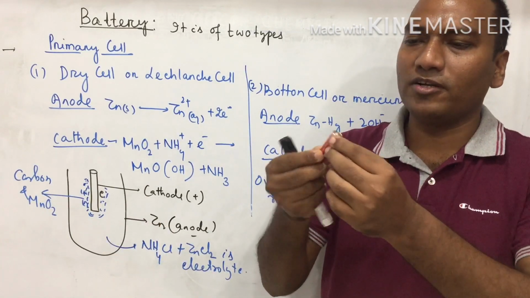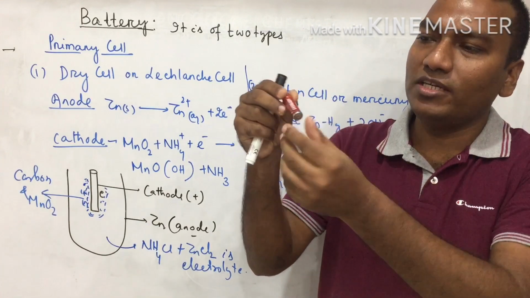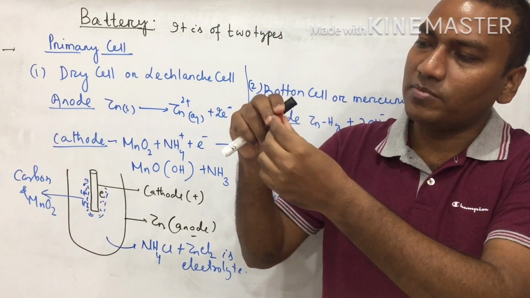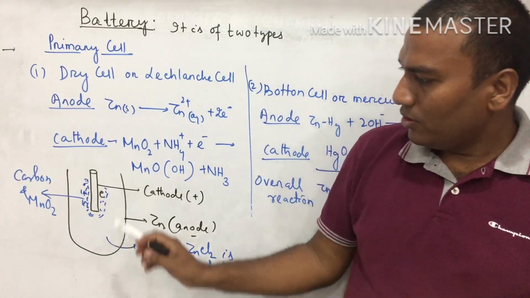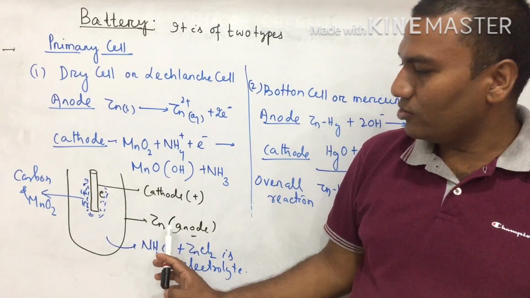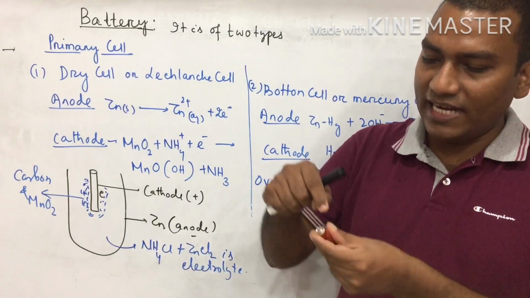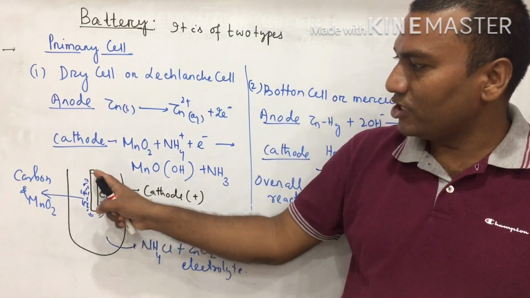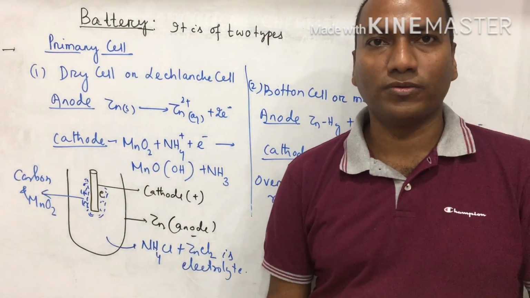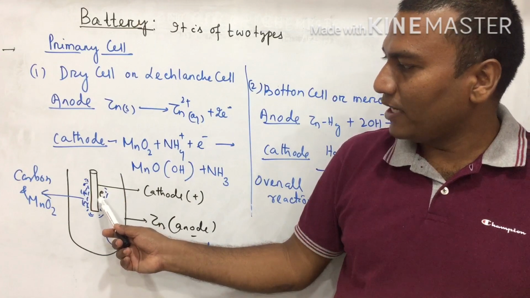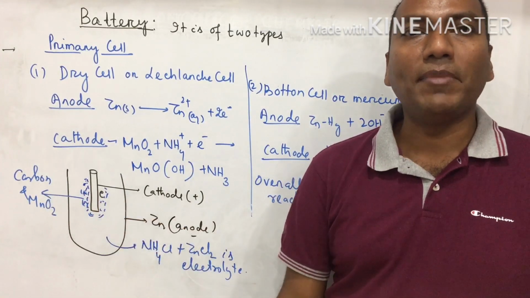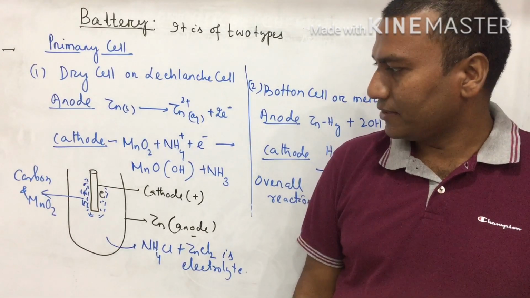Over the zinc, every company pastes paper or polythene outside. The outside container is zinc, which is the anode, and inside it a graphite rod or carbon rod is present, which acts as cathode. This graphite rod is surrounded with carbon powder and MnO2, manganese dioxide.